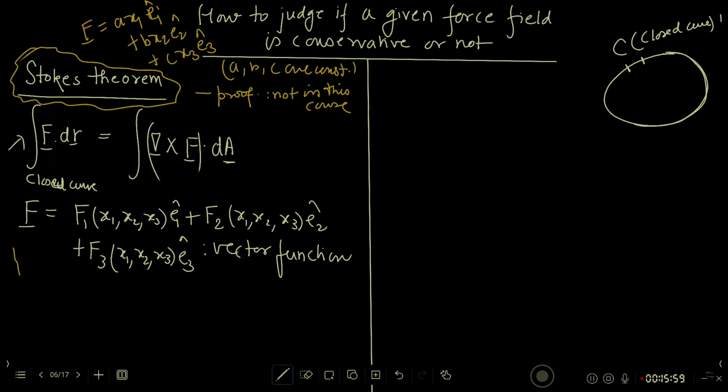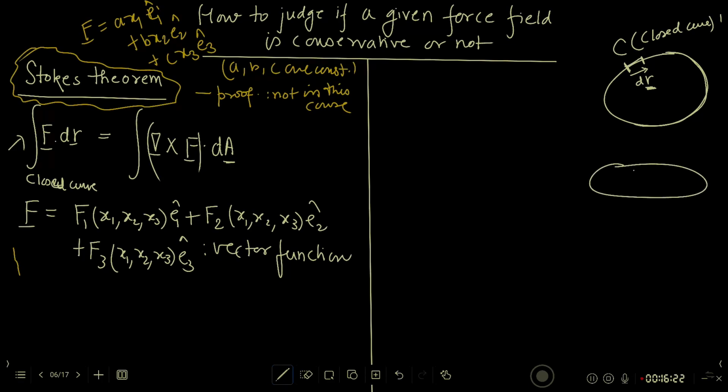What is dr? This is a small segment of the curve, and we are associating a vector with that. Not hard to visualize. This segment has a magnitude and it will have some direction after all.